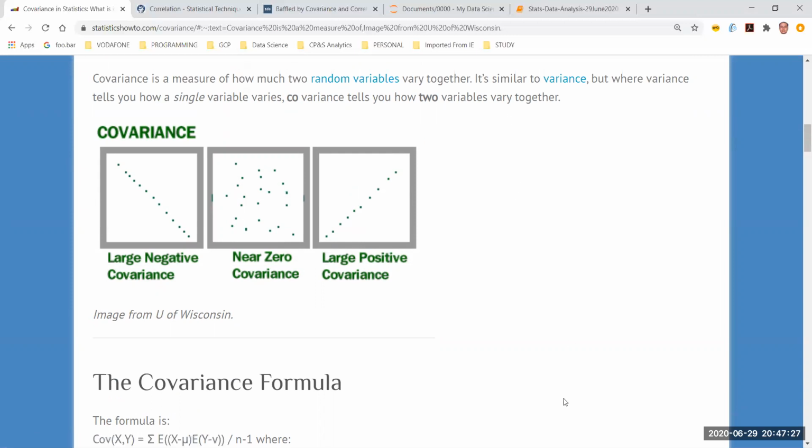For example, let's say this is x now, and this is, let's say, y.